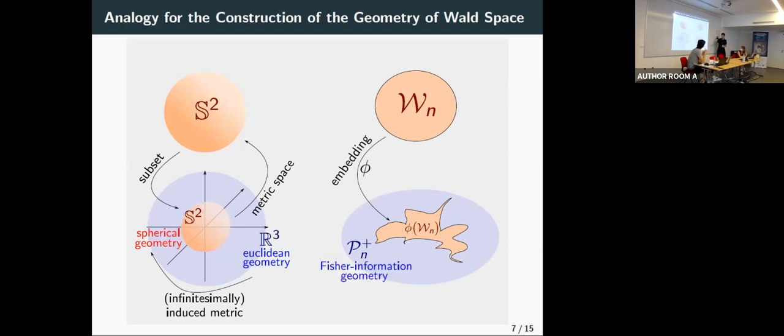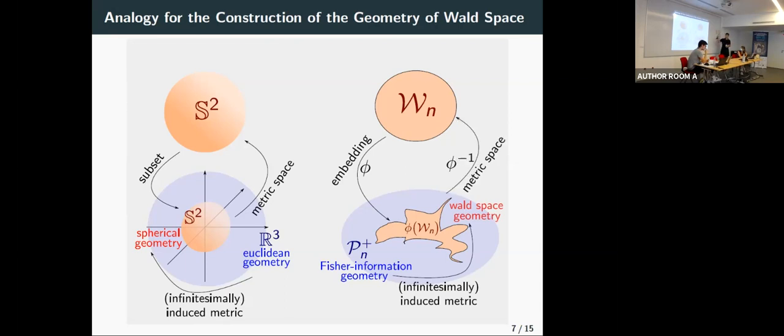And what we do is consciously, we choose the Fisher information geometry, which has many different names, also affine invariant metric, scaled Frobenius metric, Killing metric, or Fisher-Rao geometry I've also heard over the course of the conference. And then we take the infinitesimally induced metric to obtain the Wald space geometry on this subset, whatever that turns out to be.